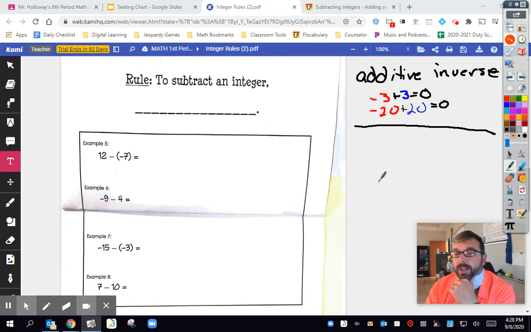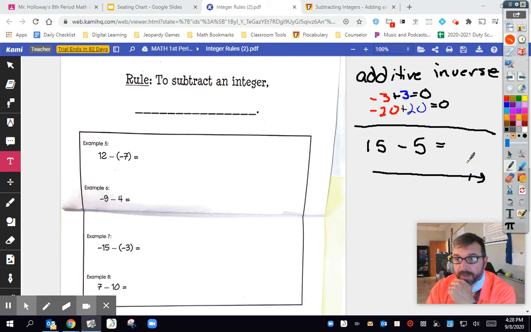Now let's take a look at a way that we can use the additive inverse. If I had the problem 15 minus 5, well, I can draw this out on the number line, and I have my point 15, and I'm going to subtract 5, so that means I'm going to go back 1, 2, 3, 4, 5 spots.